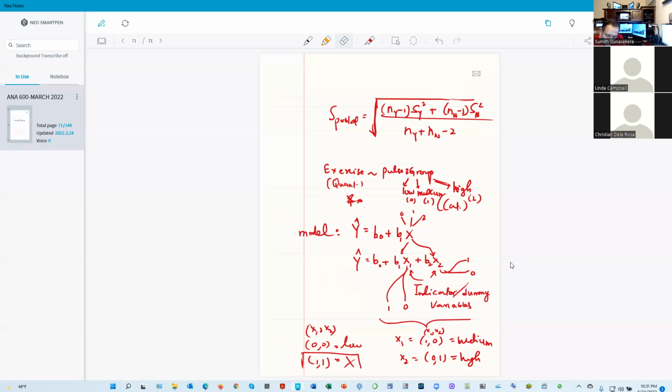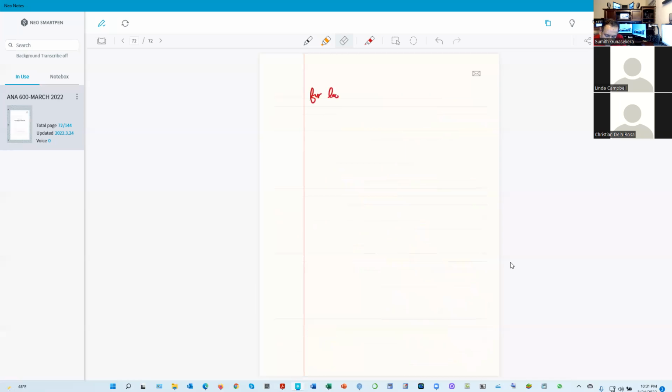So simply, for low, you put x1 and x2 together as 0, 0. Then you get y hat equals b naught only. For medium, x1 and x2 together you put 1 comma 0.